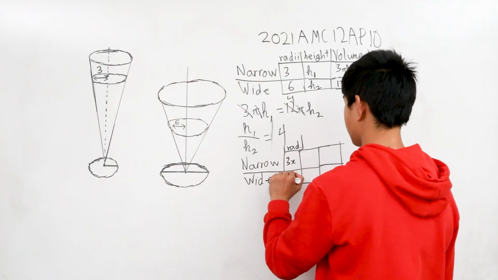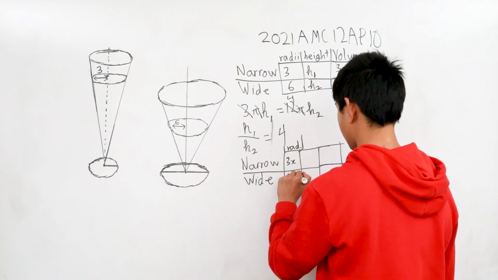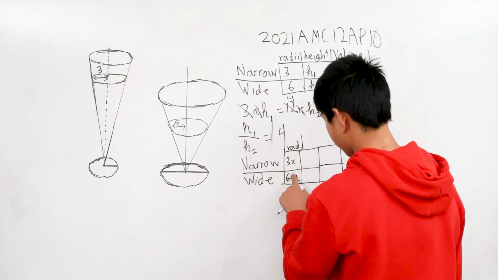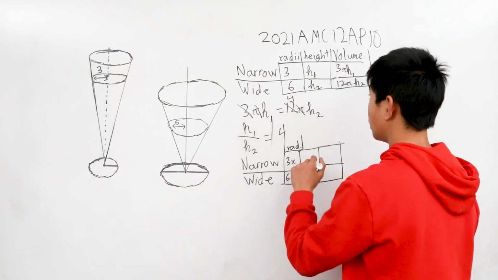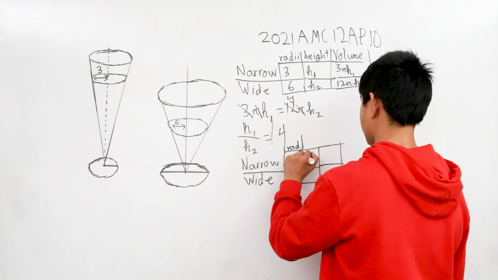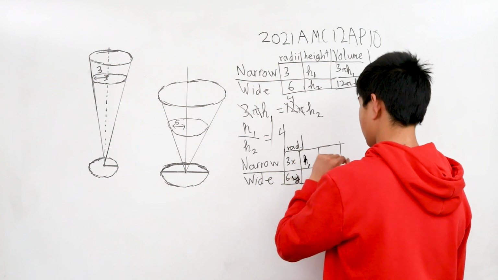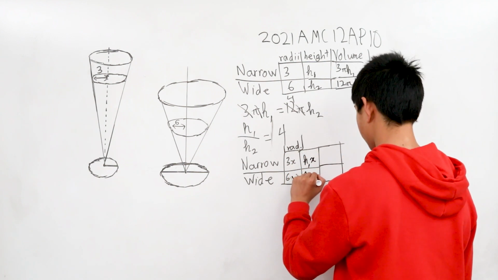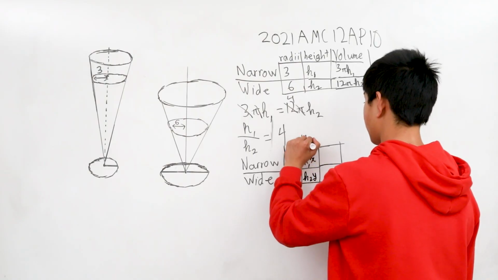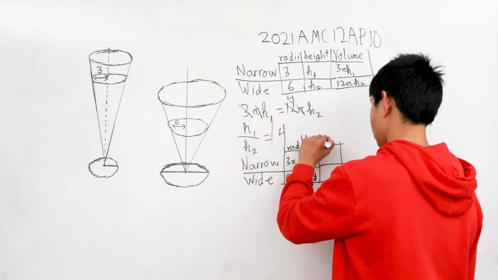Similarly, the wide is 6y, since we're dealing with different variables and different lengths. So the height after the increase for the narrow is h1 x, and for the wide, h2 y.